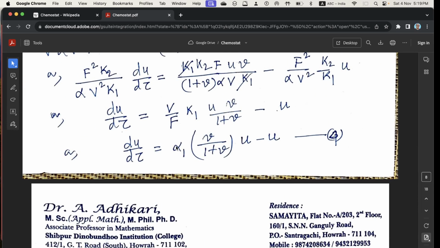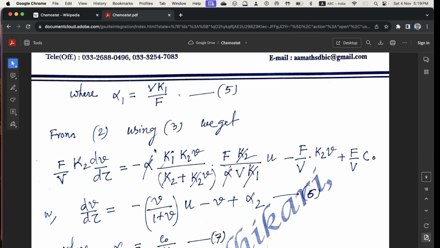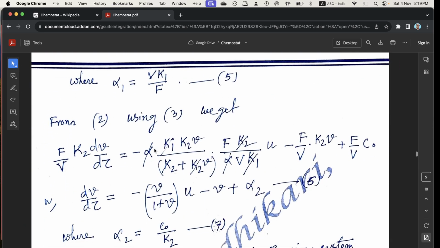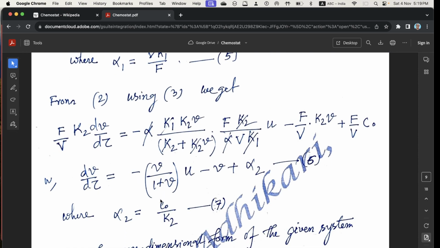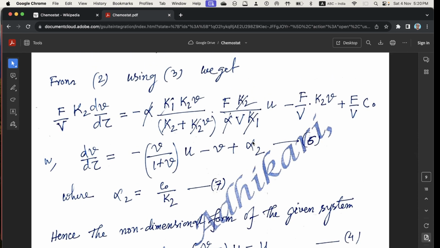Obviously this alpha 1 equals V K1 by F. And from equation 2, using the non-dimensional quantities, we get equation 6: dv d tau equal to minus v by (1 plus v) into u minus v plus alpha 2, where alpha 2 equals C0 by K2, after dividing both sides and F by V cancel.